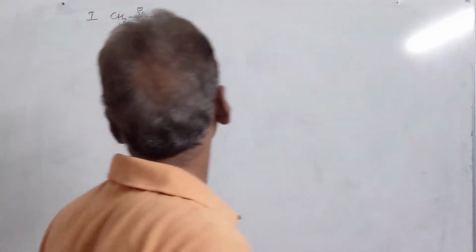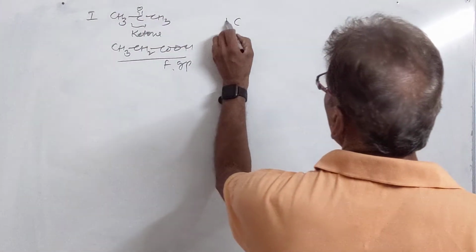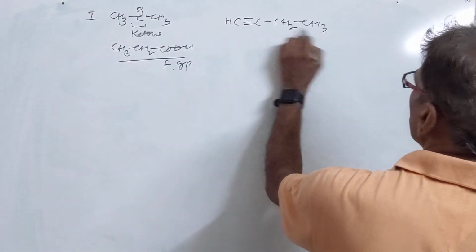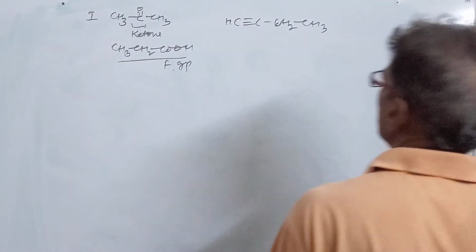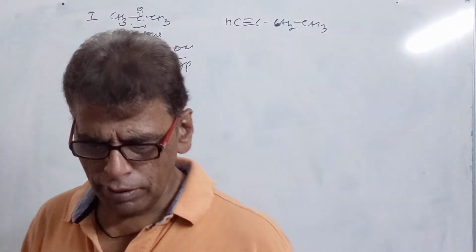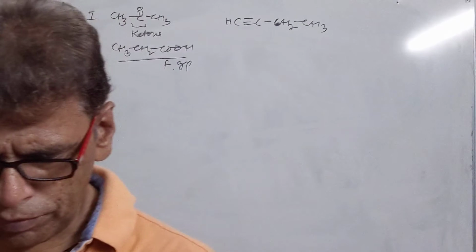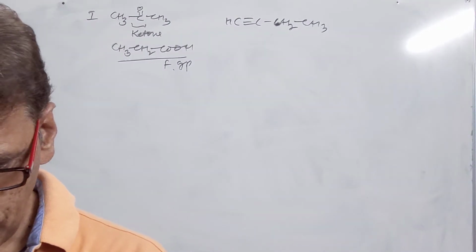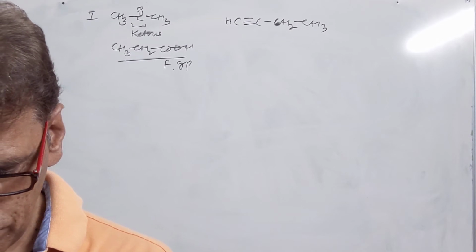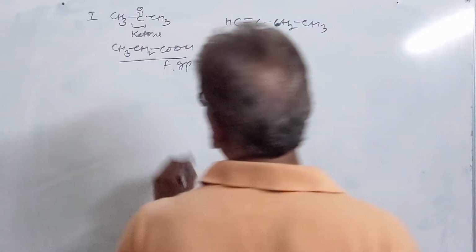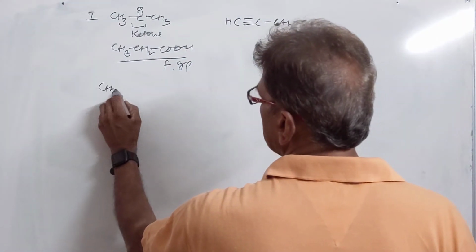Now what is the formula of butane? It is a 4 carbon system and it will be having triple bond in the starting. This is butane. How many molecules of hydrogen will be consumed by this compound?